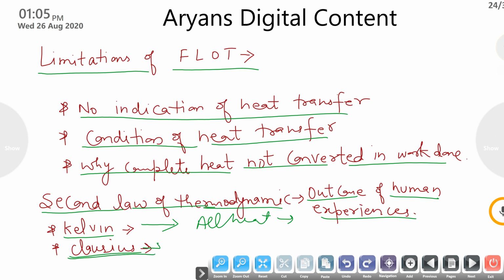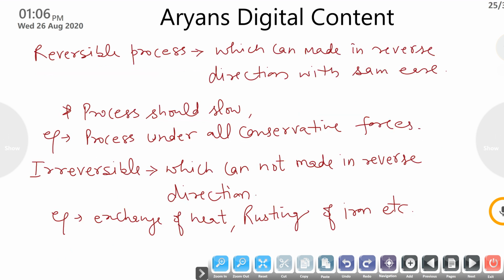And in Clausius, it is written that it is not allowed to transfer heat from a lower temperature object to a higher temperature object. This is not possible. So both points show the negativeness of the second law of thermodynamics. Both start with a line, that is, it is not possible.